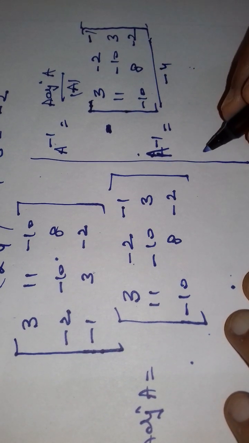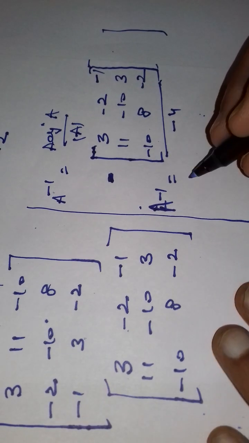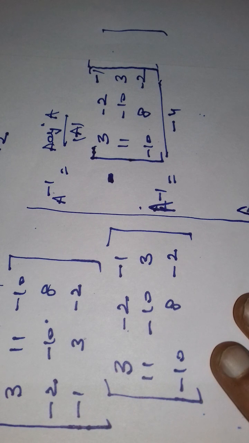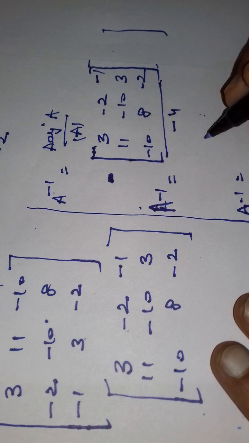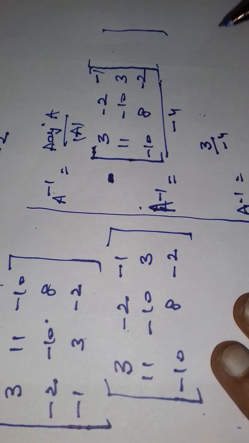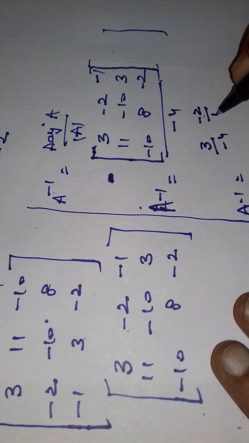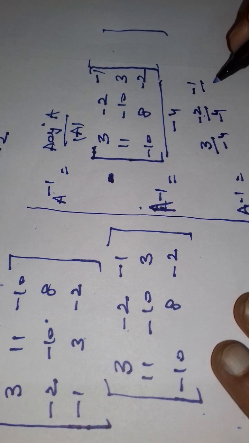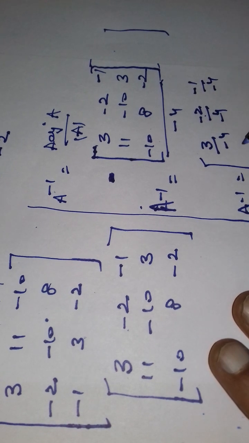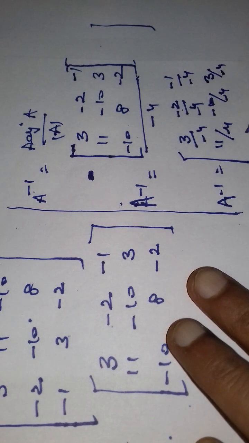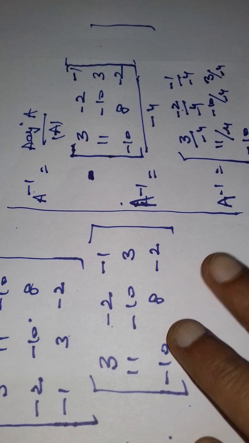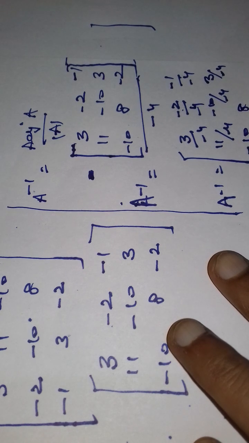So to find A inverse, put the values: 3 divided by minus 4, minus 2 divided by minus 4, minus 1 divided by minus 4, 11 divided by minus 4, minus 10 divided by minus 4, 3 divided by minus 4. Again minus 10 divided by minus 4, 8 divided by minus 4 and minus 2 divided by minus 4.